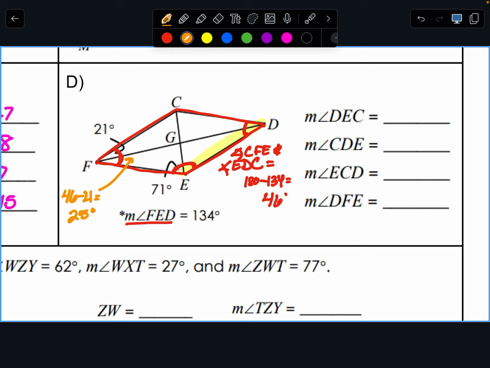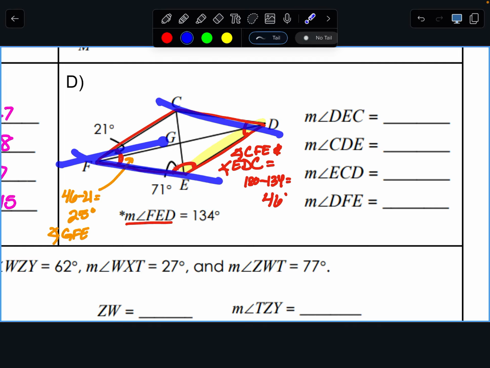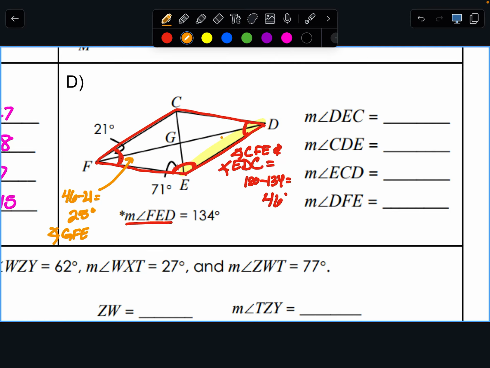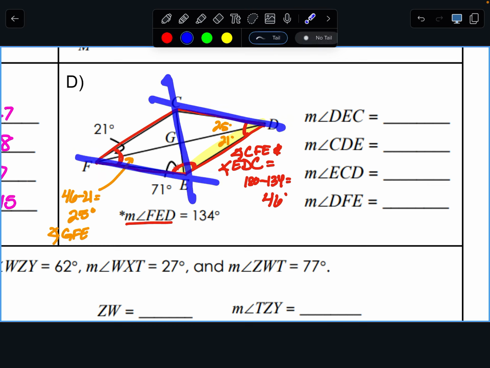And that's angle, watch how it goes, GFE. Now back to parallel lines. Remember we talked about when we had a transversal that opposite ones were congruent. So those are the ones. That means this is 21 and this is 25. Same thing is true here. If this is 71, then so is this one.